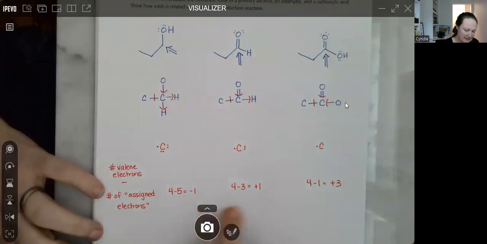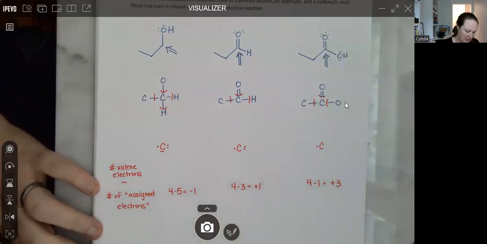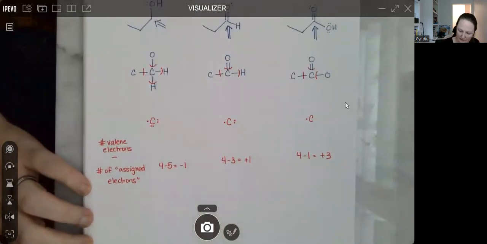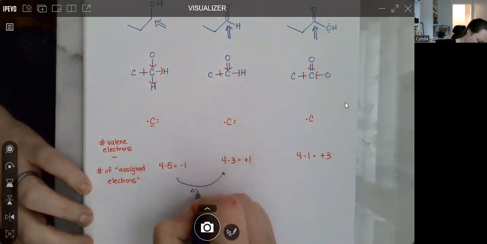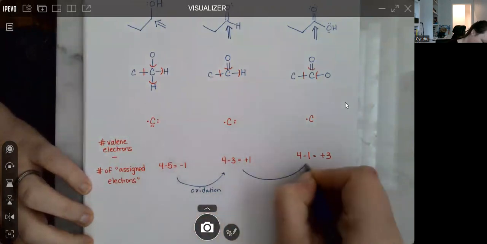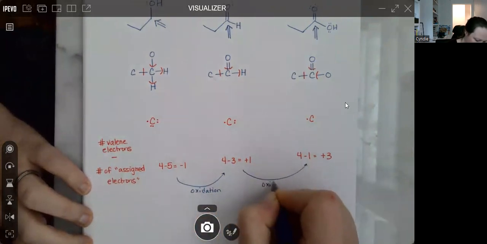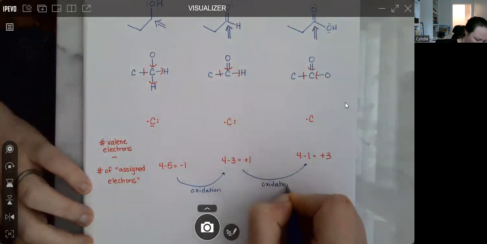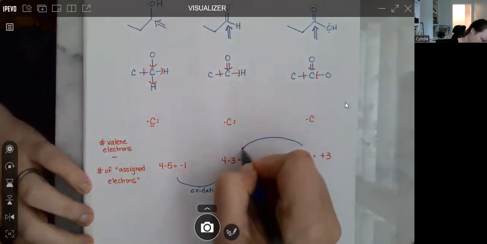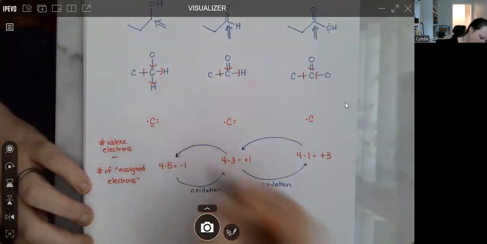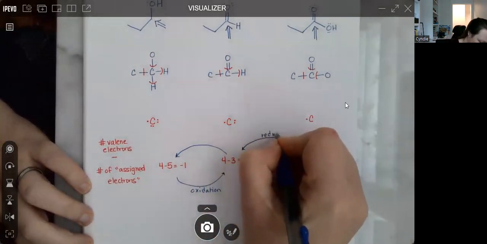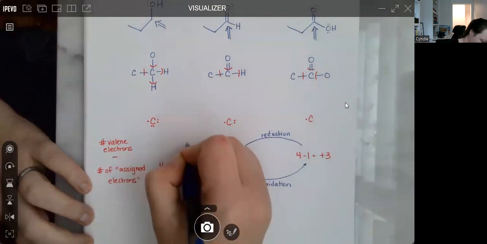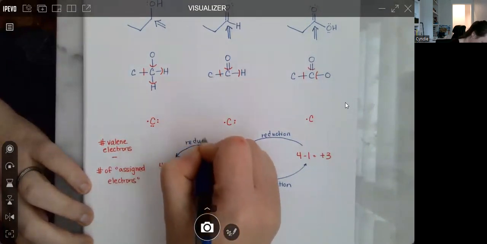So it makes sense that this represents an oxidation. So we would have oxidation, and then another oxidation, right? And then the reverse process is also true, and that we can convert back through a series of reduction reactions.